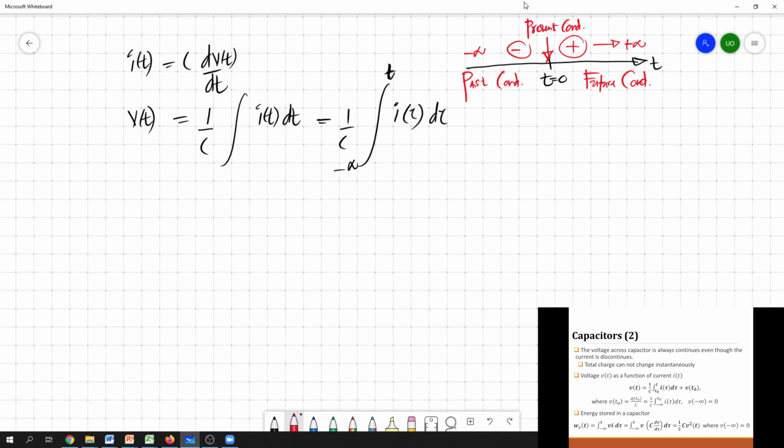So this integral can be split into two: 1 over C, minus infinity to 0, i(tau) d tau, plus 1 over C, 0 to t.